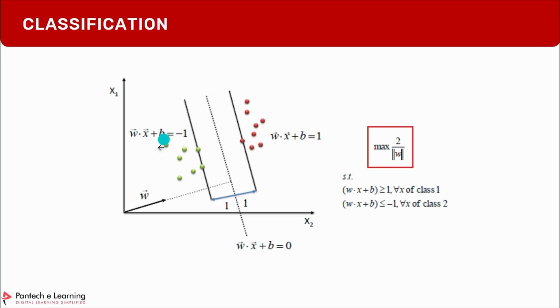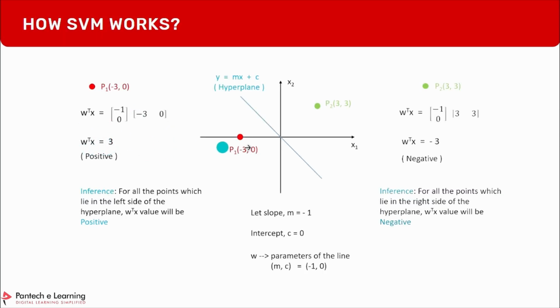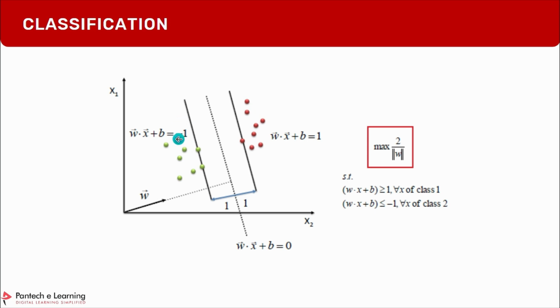So when you calculate it, the value will be positive here and negative there, giving +1 on one side and -1 on the other. So this is the formula for both.